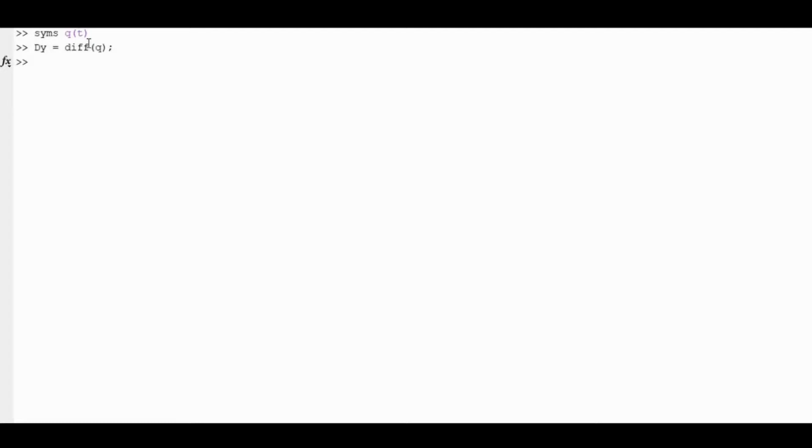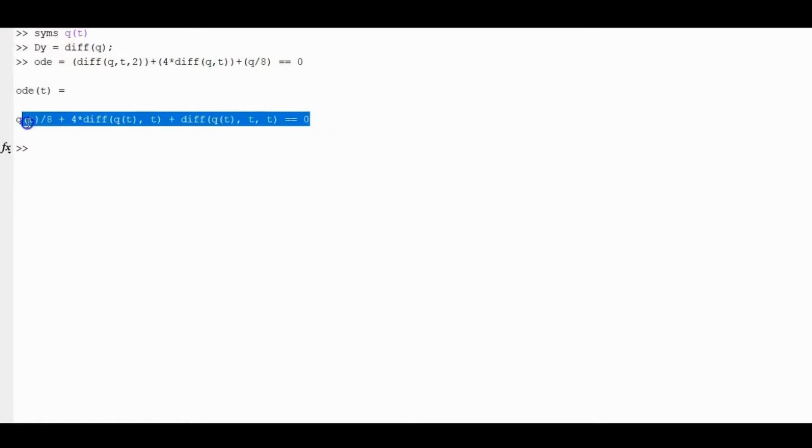Then we'll be defining the differential equation. The one shown here is a differential equation.